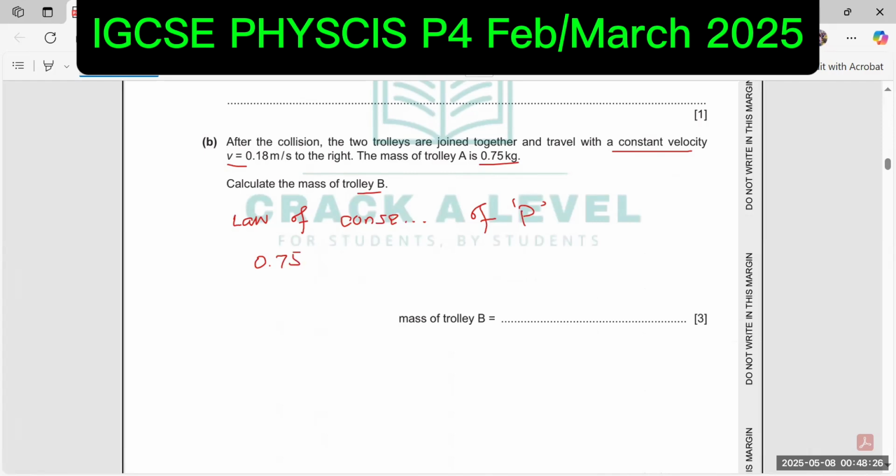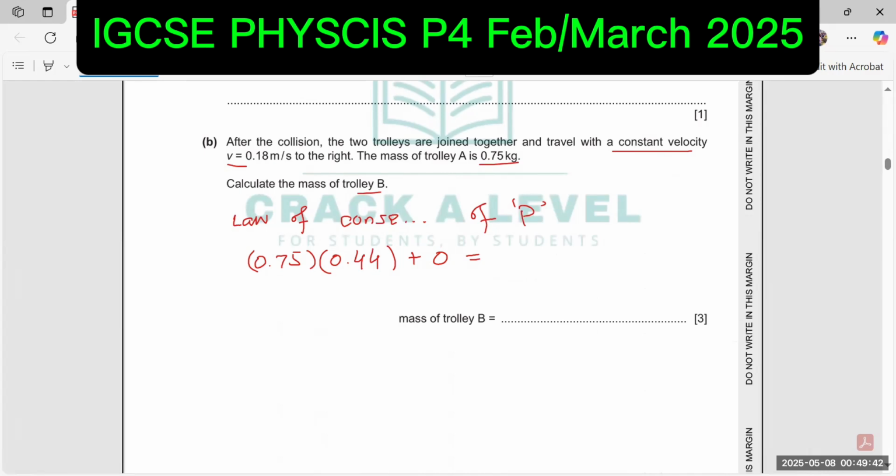The momentum of trolley A, with velocity u of 0.44, plus the momentum of trolley B, which was 0 before collision.